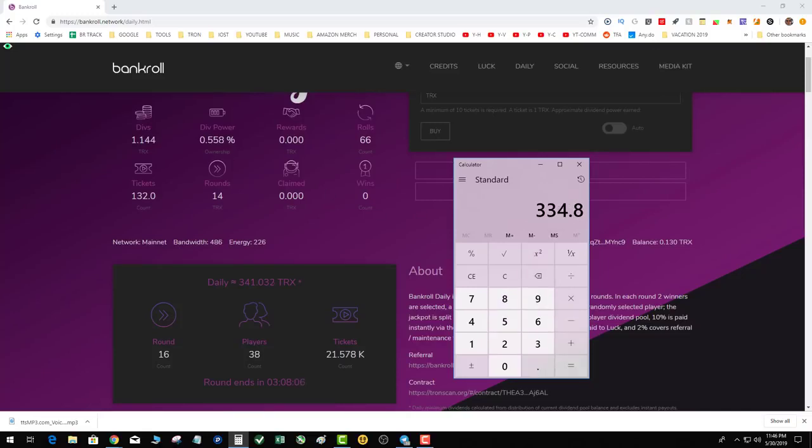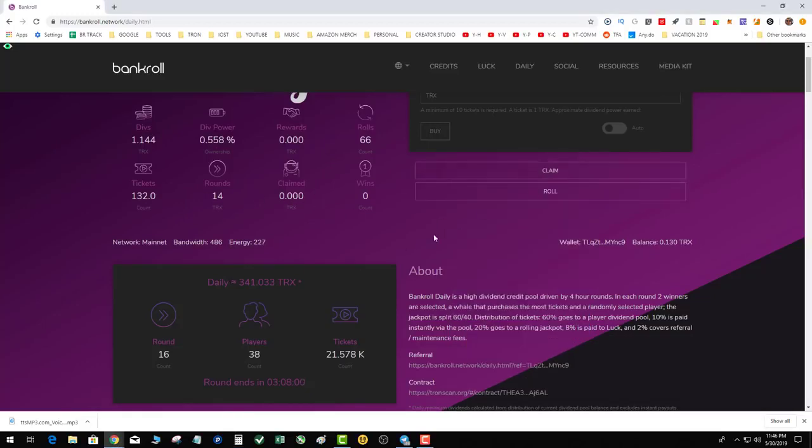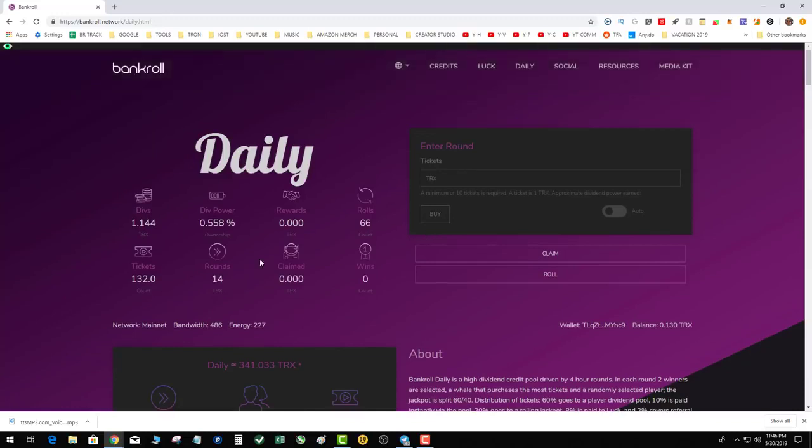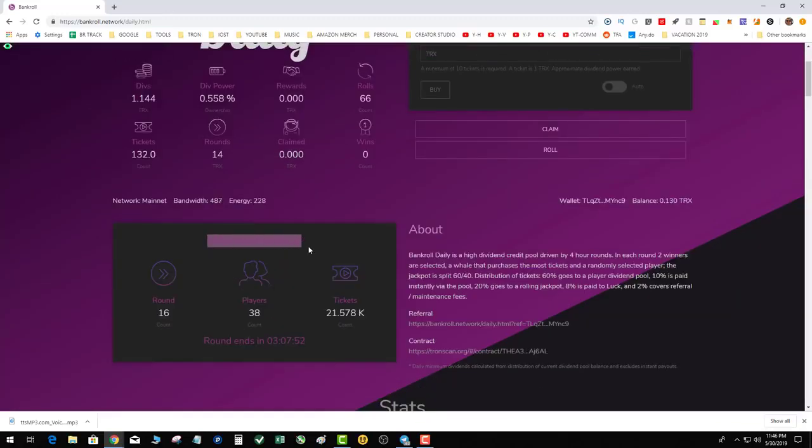We get 334, which is close, though not exact. My current div power is saying 341. So that is what you are trying to do. That is your ultimate goal, to get your daily drip of TRX as high as possible.